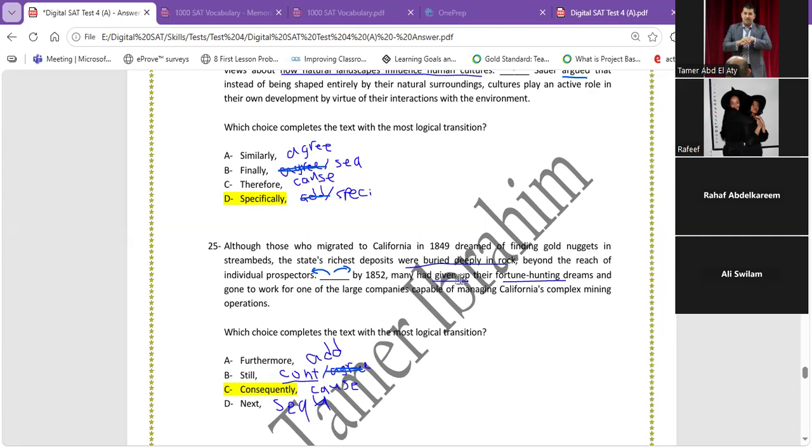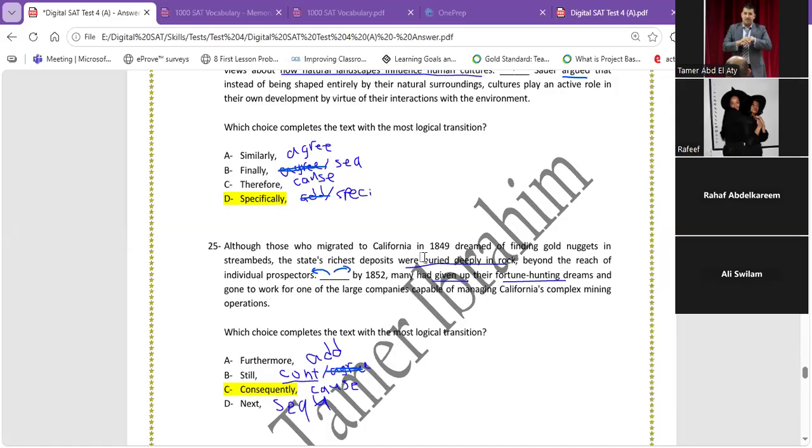Many had given up their fortune hunting dreams and gone to work for one of the large companies capable of managing California's complex mining operation. So, can I say next?